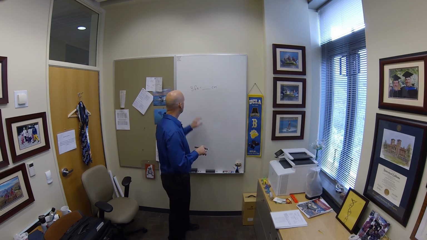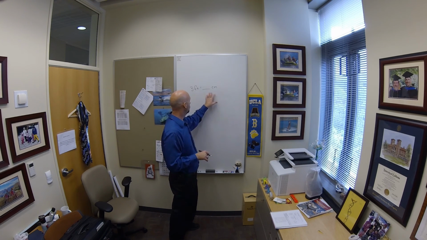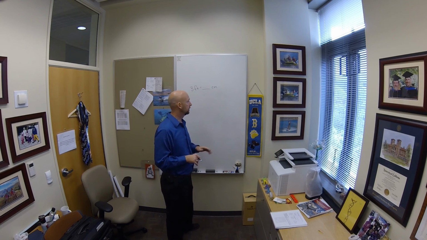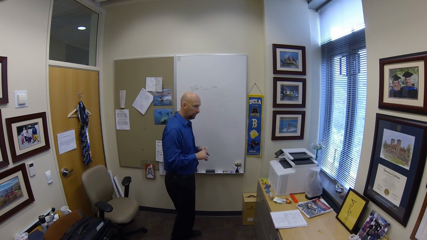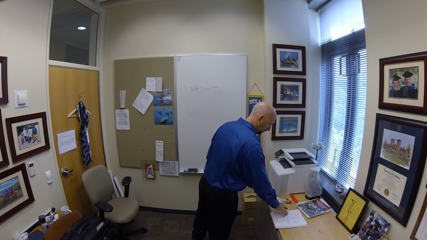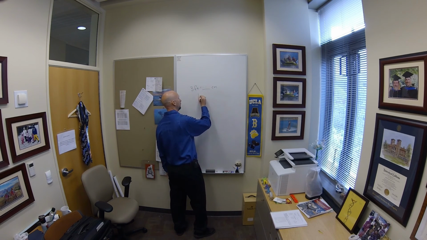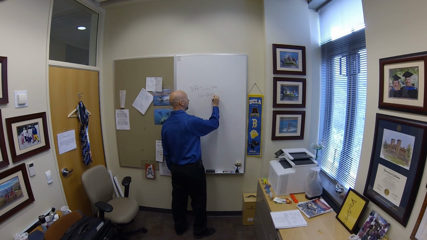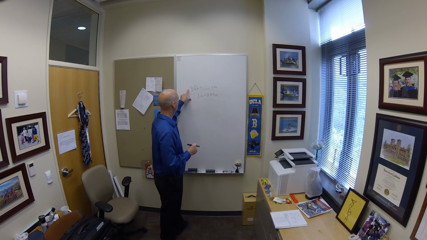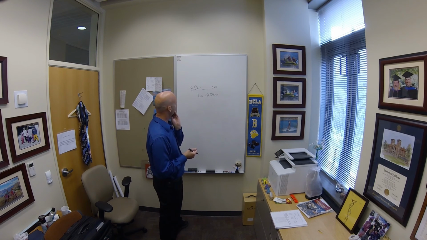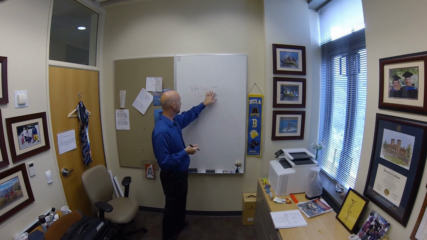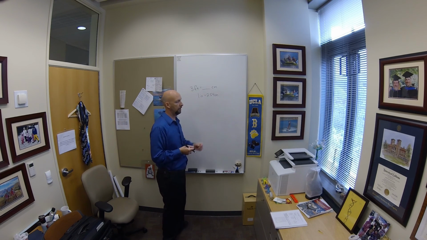Okay, so let's see what you need to know to convert from 3 feet to centimeters. Well, I'm going to give you 1 inch equals 2.54 centimeters. If I were to ask you this problem, I would give you that, but that's it. But you're thinking, well, wait a minute, I'm not converting from inches to centimeters, I'm converting from feet to centimeters.